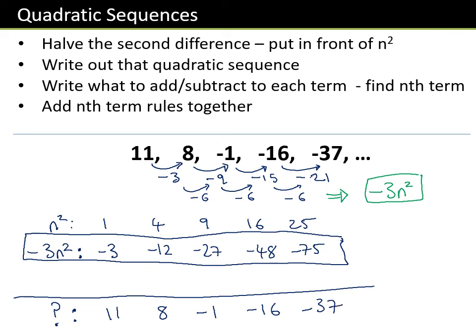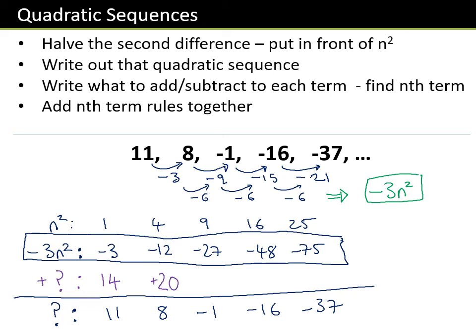Okay, so I'm going to try and find what I'm going to add. Minus 3n squared, so minus 3 plus 14 would give me 11. Minus 12 plus 20 gives me the 8.